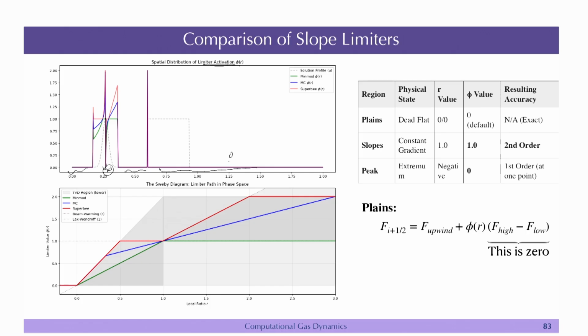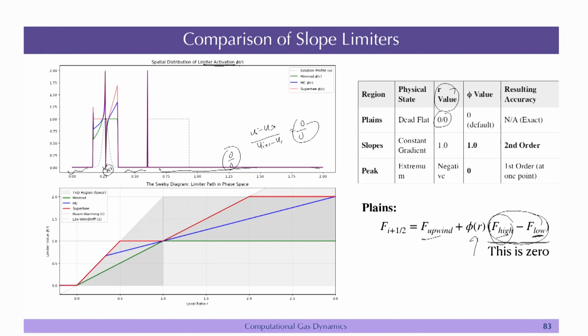So, this is basically 0 by 0, right. If you look at the r value, this is 0 by 0, because u I plus 1 minus u I on top of u I minus u I minus 1, they are both 0. So, it does not matter, because if you look at the upwind and then you have f high minus f low, this is anyway 0. So, it does not matter what value you take as phi r. So, we kept it at 0.